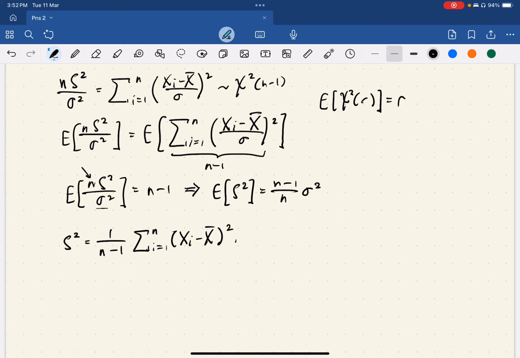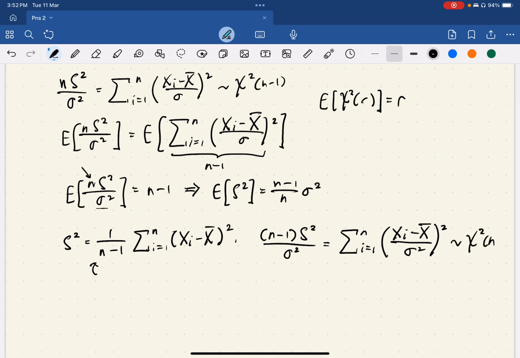So if you take this formula here, S squared, multiply it by n minus 1 and divide it by the variance, what will you get? You get this expression here. And this we know follows the chi-square distribution with n minus 1 degrees of freedom.